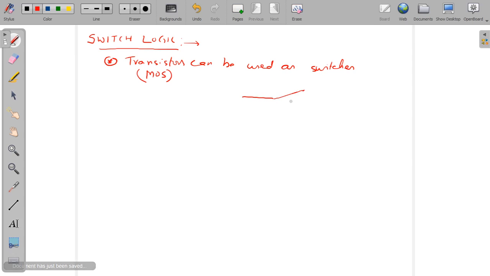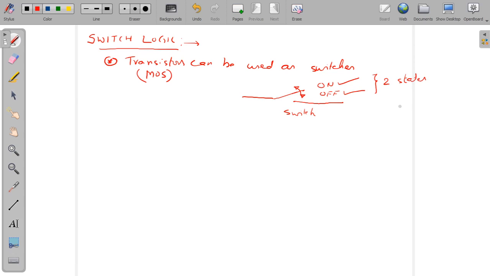Diagrammatically, if I draw the diagram of a switch, it can be either on or off. There are just two states in which it can exist.